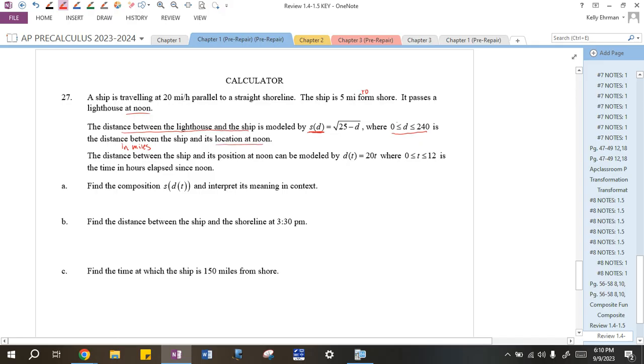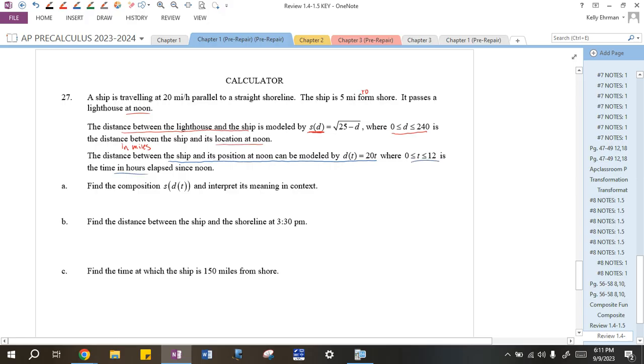Meaning the ship could be 0 miles from its position at noon, or it could be 240 miles from its position at noon. The distance between the ship and its position at noon can be modeled by D of T, where T is the time in hours since noon.